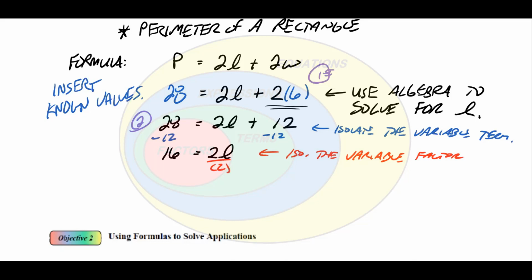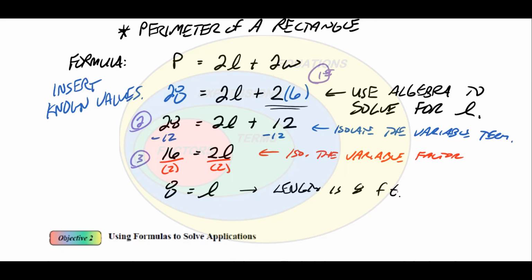So here I need to attach a 2 in the denominator, which is the same as dividing by 2. And the third calculation that we did was divide each side by 2, and we get 8 equals L. And remember, L represented the length. Therefore, the length is 8 feet.